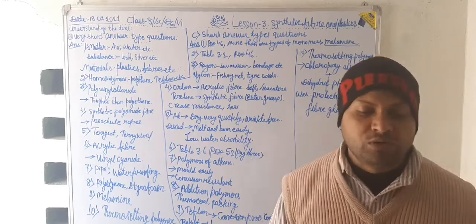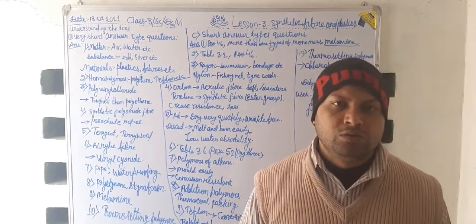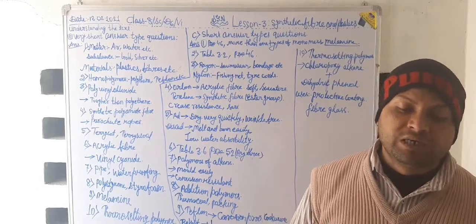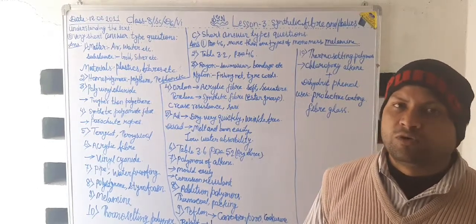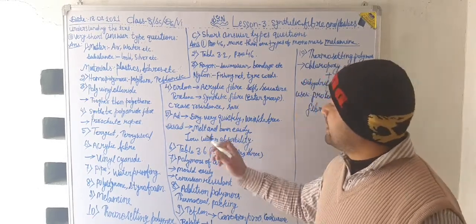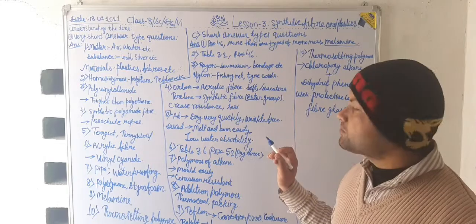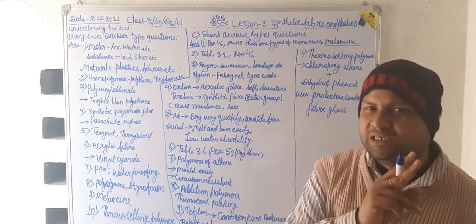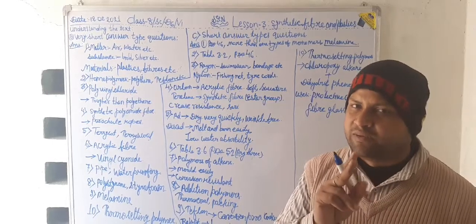Now let us move on to explain question number 5. Give two advantages and disadvantages of synthetic fibers. The advantages of synthetic fibers are that they dry very quickly and are wrinkle free. These are the two best advantages of synthetic fibers.